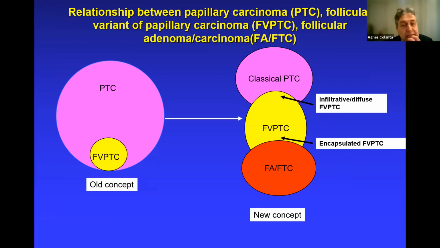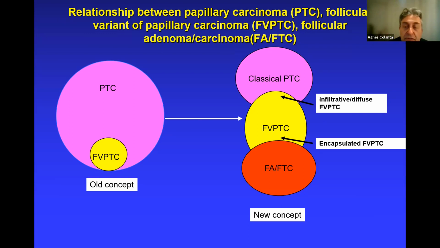You can see here, and we even put that in our paper in 2006, that the follicular variant of papillary carcinoma seems to be composed of two entities. The encapsulated follicular variant is closer to follicular adenoma and follicular carcinoma: depending on whether it has invasion or not, it will behave like follicular adenoma, and if it has invasion, it will behave like follicular carcinoma.